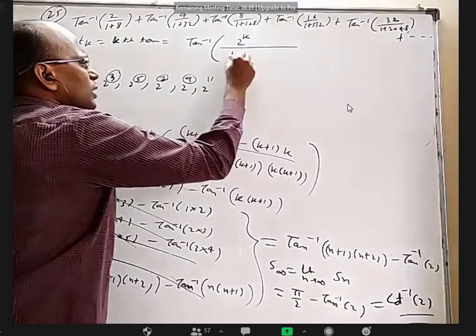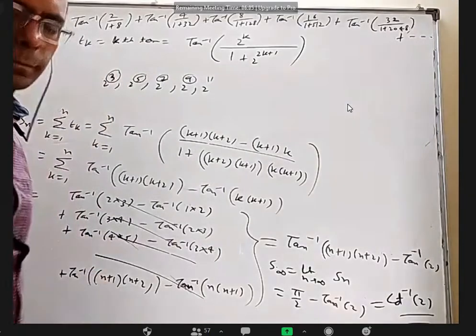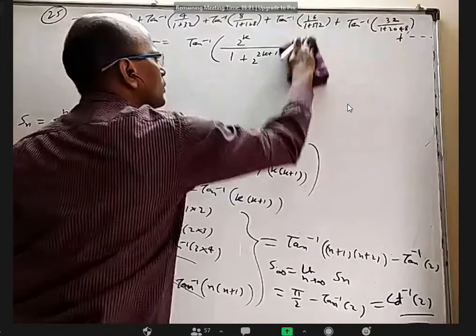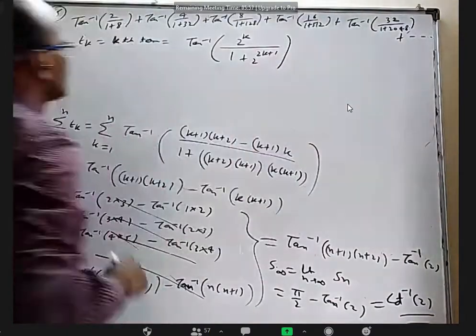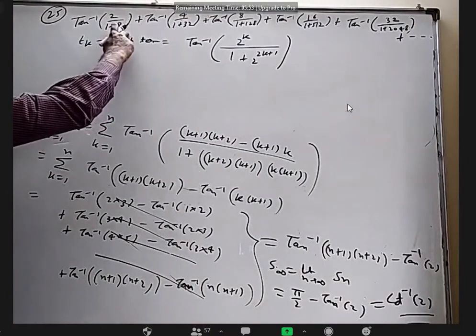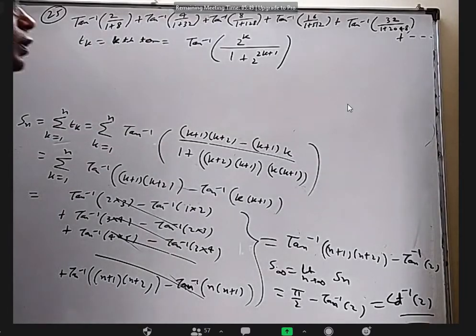So I'm going to write 1 plus 2 power (2k plus 1). Those who are copying can write this, or they can even write 2 cube here and things like that also if they want to.